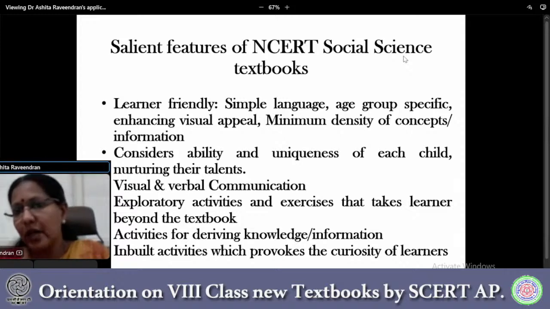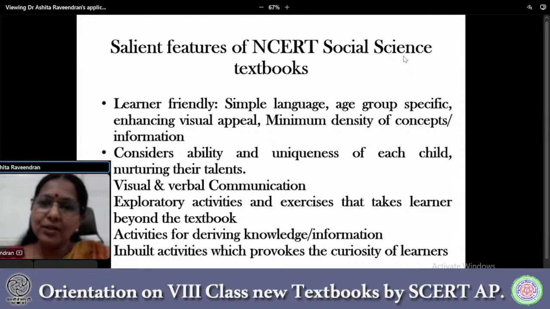At what point in time was this written? What is the time period of this picture, and what types of activities were going on during that time period? So there are many activities where the child will be deriving information and knowledge.